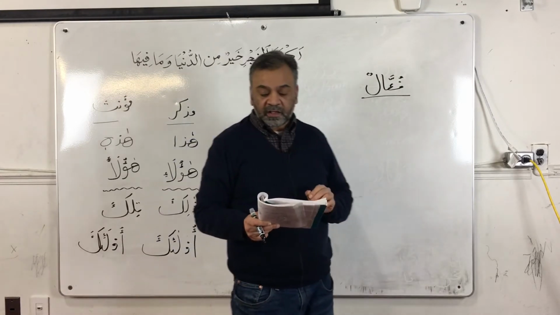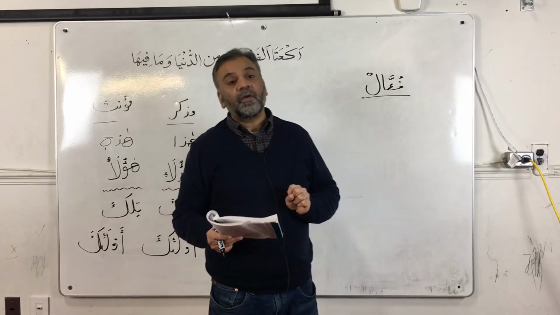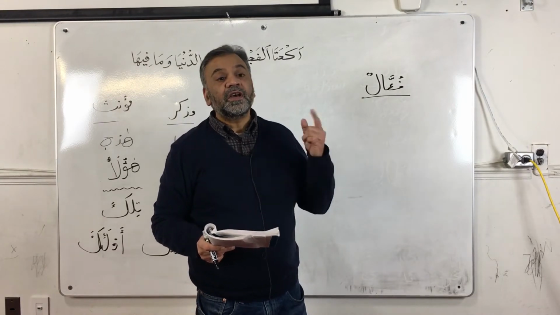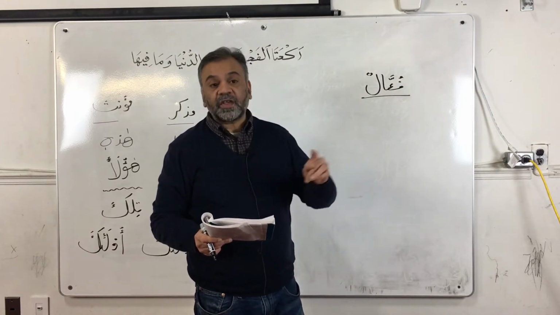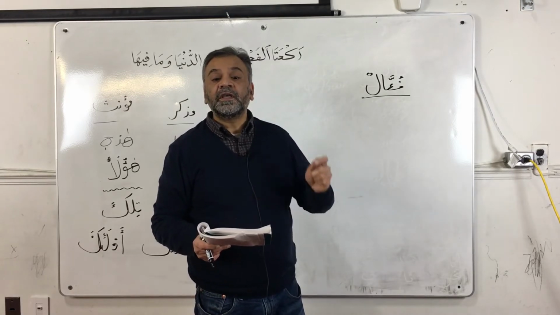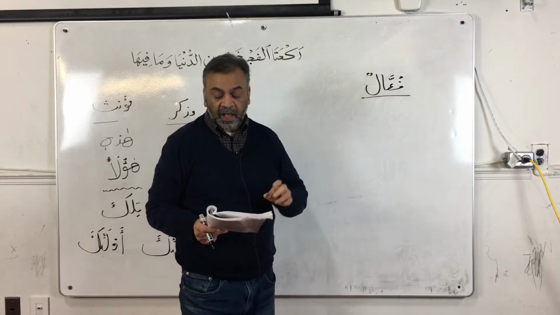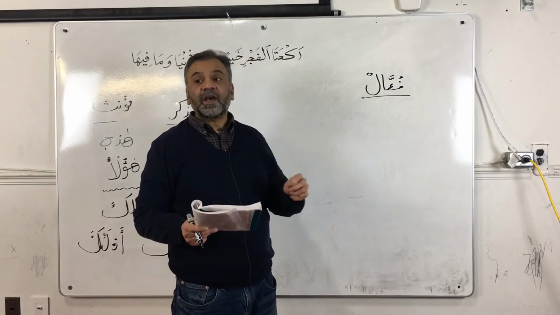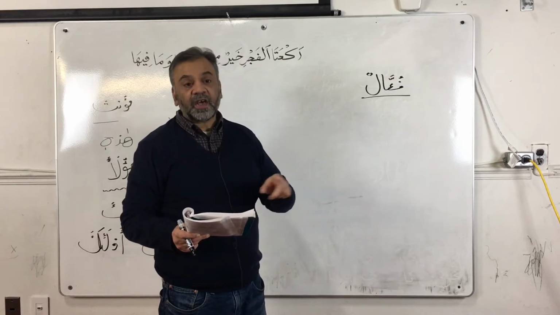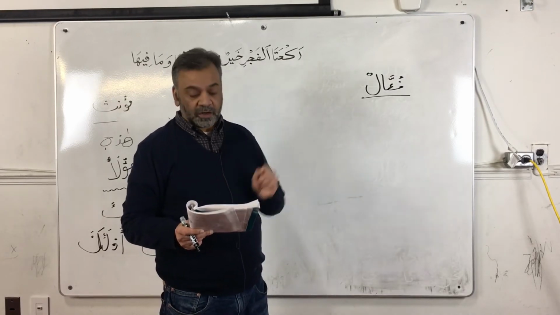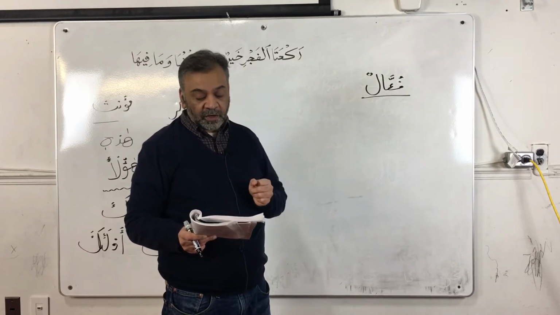Next one, haza rajulun. What is the plural? Rijalun. Haza kabirun. What is the plural? Kibarun. Haza saghirun. What is the plural? Sigarun. Haza qasirun. What is the plural? Qisarun. Haza tawilun.